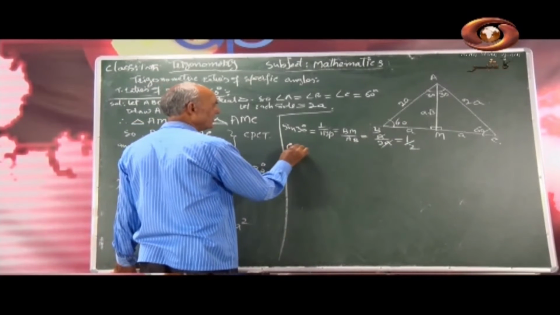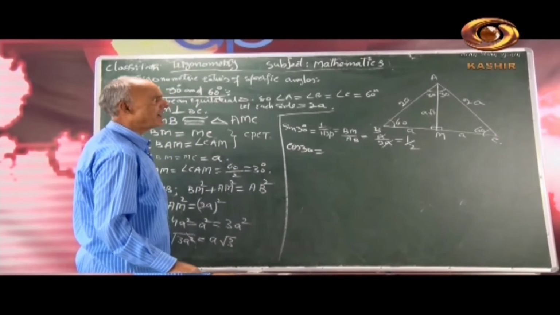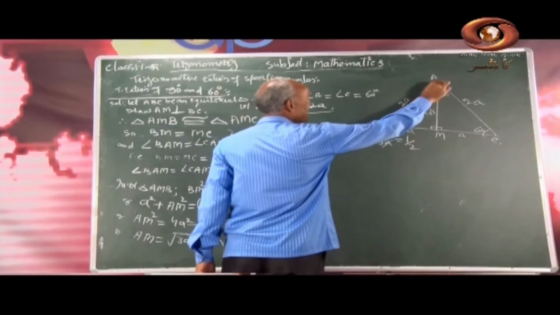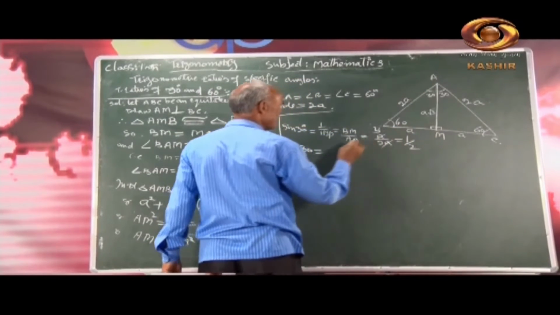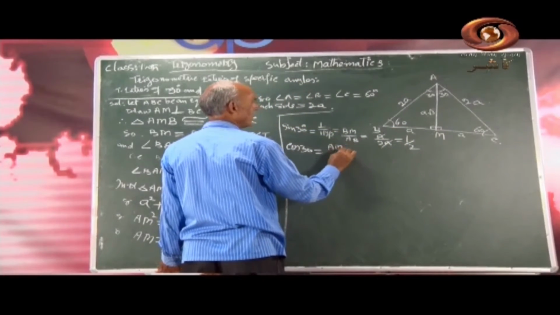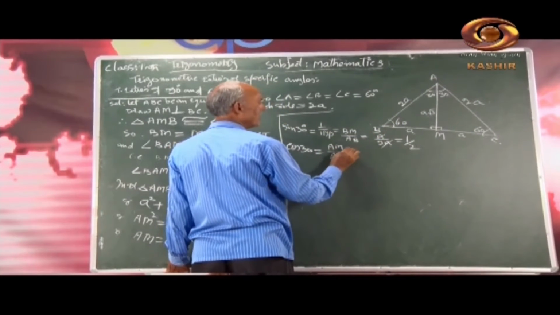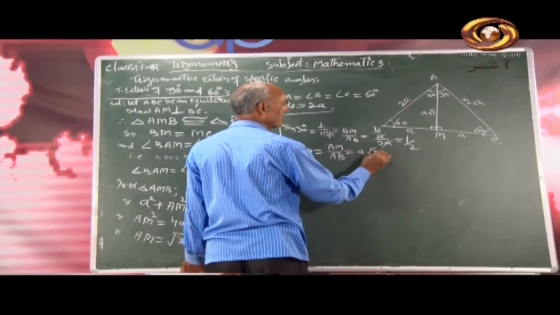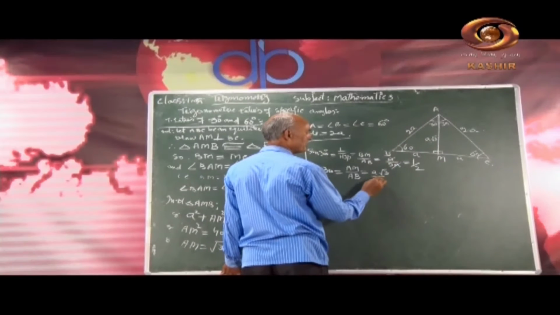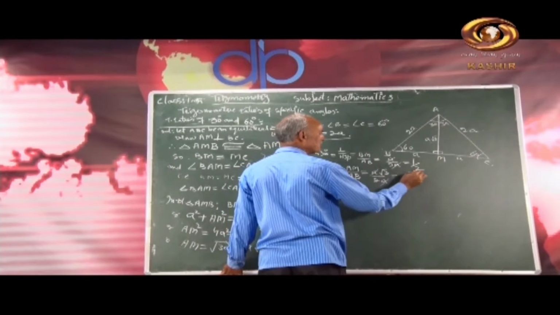Now cos 30 degree is base by hypotenuse. Here for this angle, AM is the base and AB is the hypotenuse. AM is a root 3 and AB is 2a. Cancel out a and a, we get root 3 by 2.